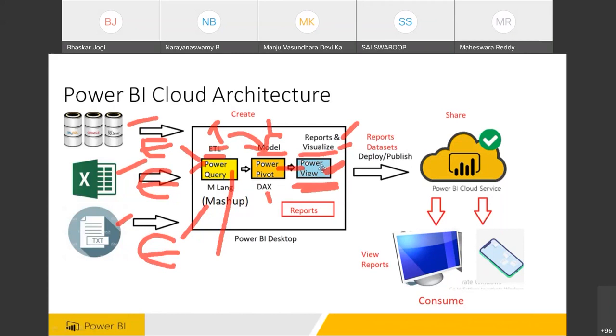Reports are done only with Power View. So these reports are going to be published. A report will have steps from this phase, steps from this phase, steps from this phase. Report means it is going to have ETL steps, Power Pivot steps, and Power View steps.